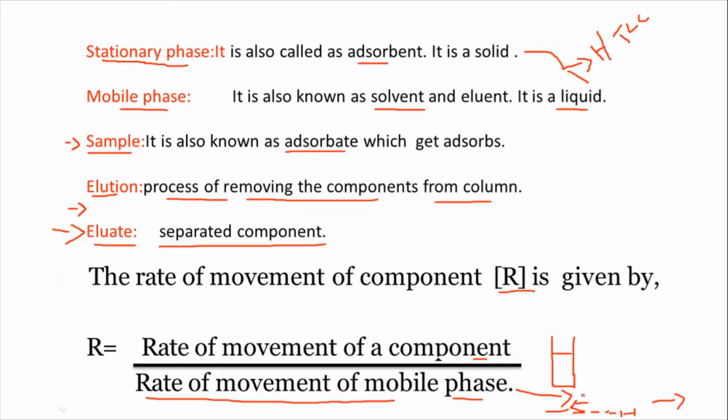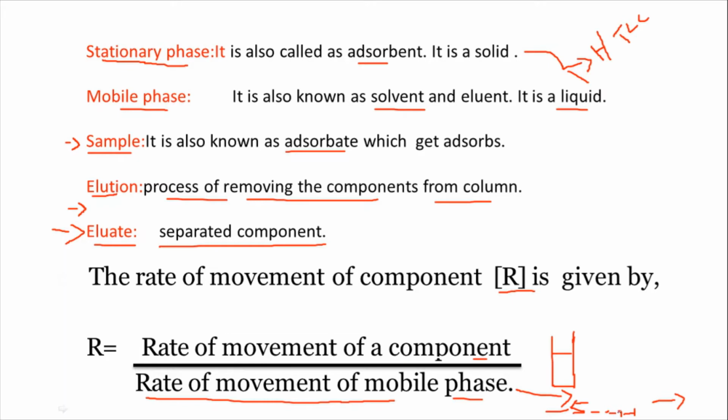So what kind of solvent you use, what is the polarity of the solvent, depends on the components you are going to separate. Why does polarity affect the components? Because the components must be readily soluble in the mobile phase, and only then do they separate.